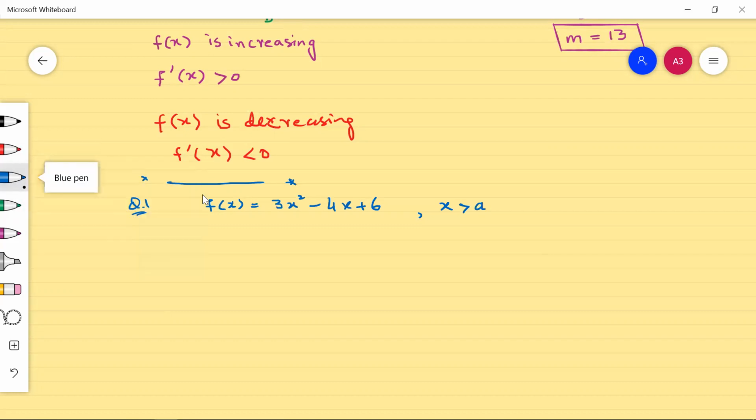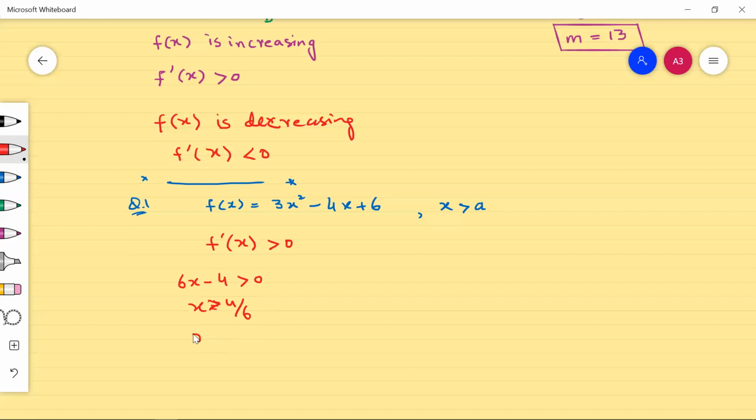So how can we find this? We write f dash of x. We know that f of x is increasing where f dash of x is greater than 0. So first find f dash of x. It would be 6x minus 4 greater than 0. So x is not equal to, but greater than 4 by 6, and it would be 2 by 3. So the value of a will be 2 by 3. After this interval, the function is increasing.